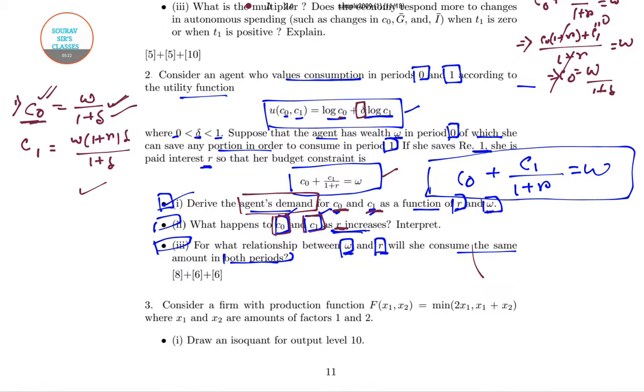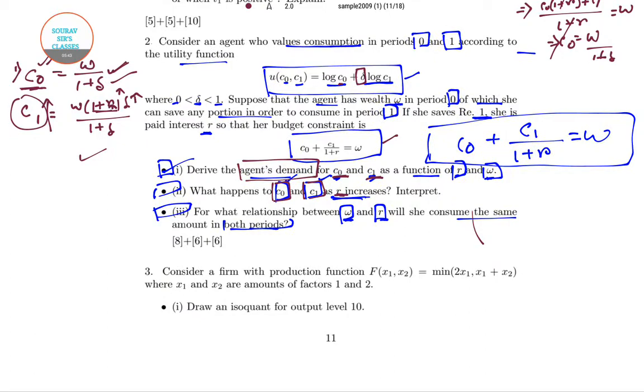But in this case, when r increases, this entire term increases. When the numerator increases, C1 also increases, and this is quite clear from this answer. So the option 2 will be: as r increases, C0 remains the same, but C1 increases.